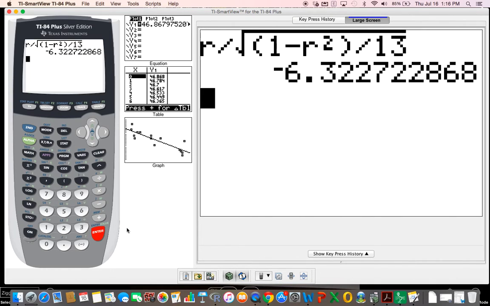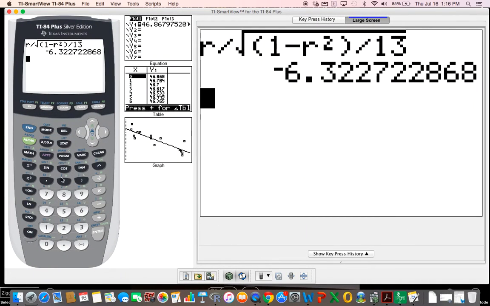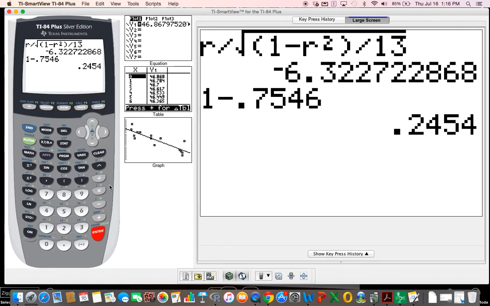Now, if you're sitting there thinking, all right, that's cool, but that's just a little bit too much for my brain to handle, then let's do it the way I did before. First of all, I could go 1 minus 0.7546. I can divide that by 13.